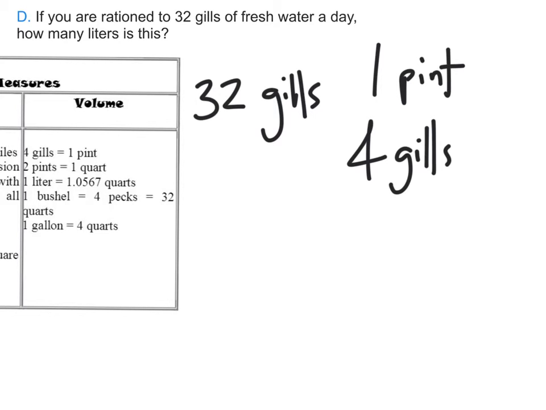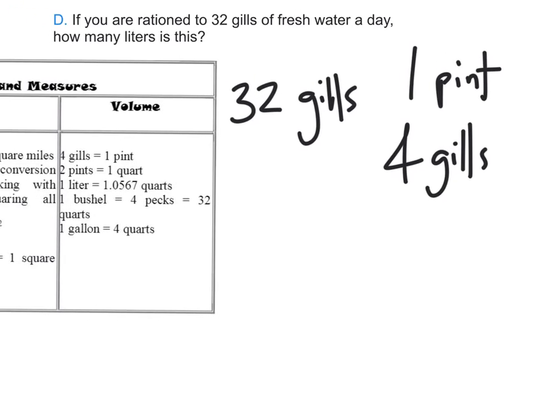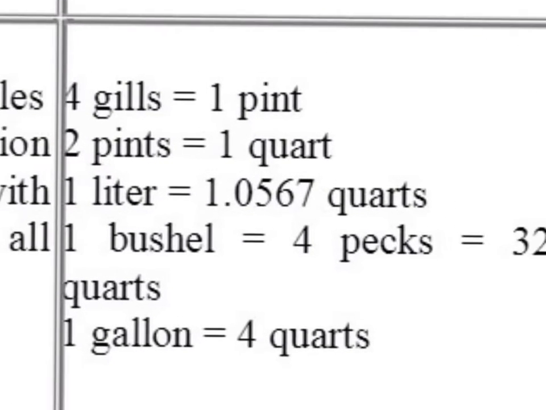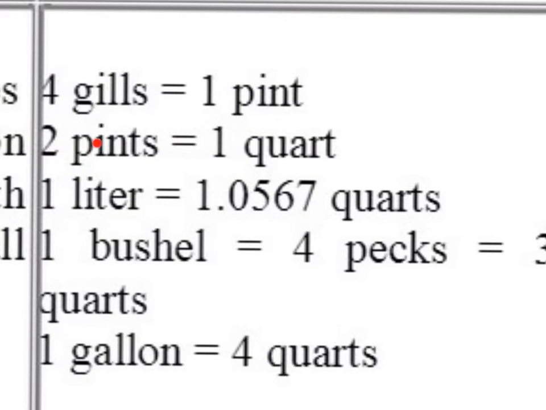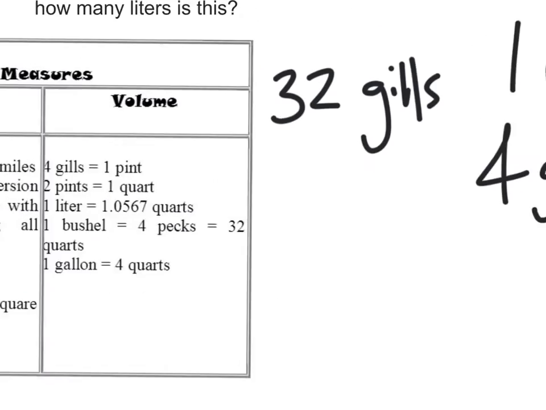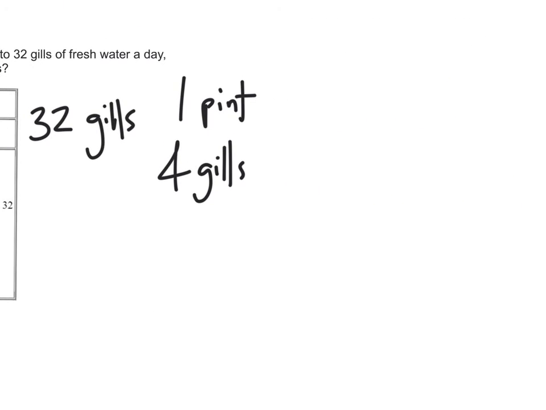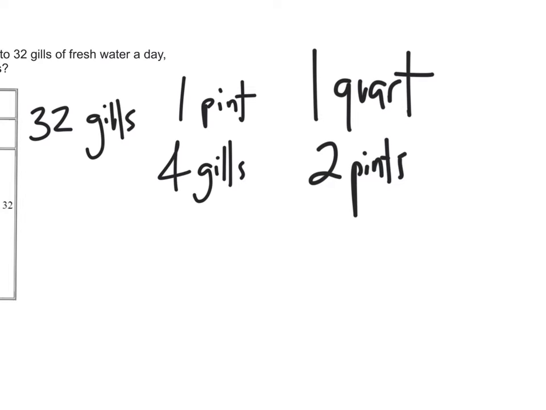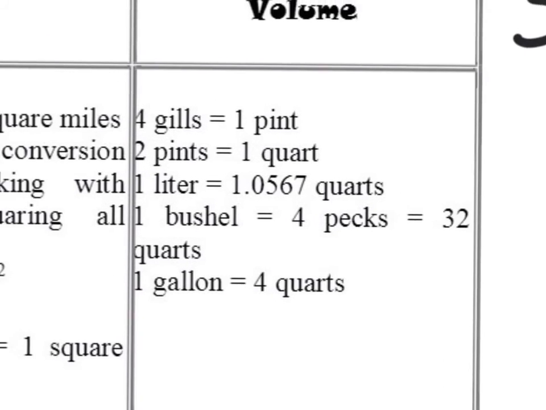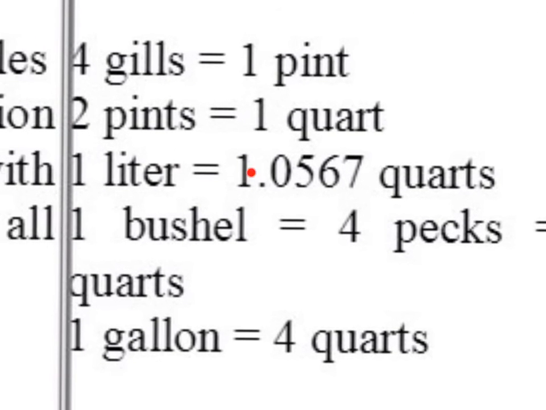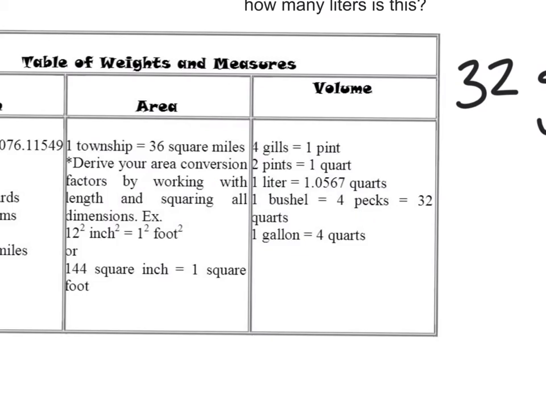And when we shift over a little bit, I can see that 2 pints are equivalent to 1 quart. Great. And we've got to get to liters. So how are we going to get to liters? I see that it says 1 liter is equivalent to 1.0567 quarts. So let's try to do that right now.